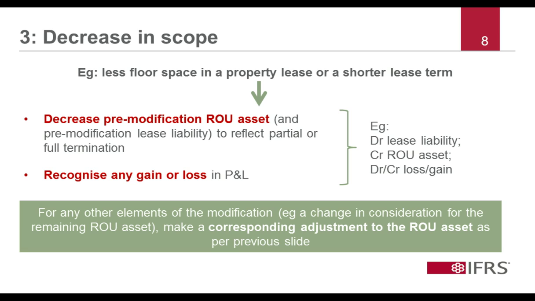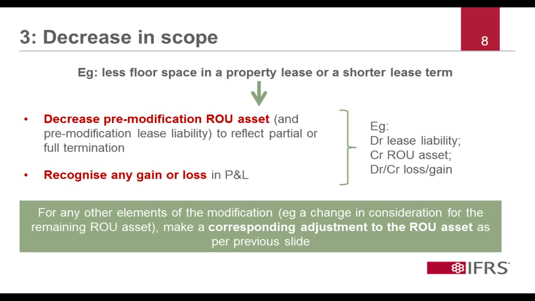Now, it's important to remember that quite often there will be both a decrease in scope of the existing lease and another element to the lease modification that is not part of the termination. For example, it could be the case that as well as terminating a portion of the existing lease, there has also been a change in consideration for the element of the lease that remains.